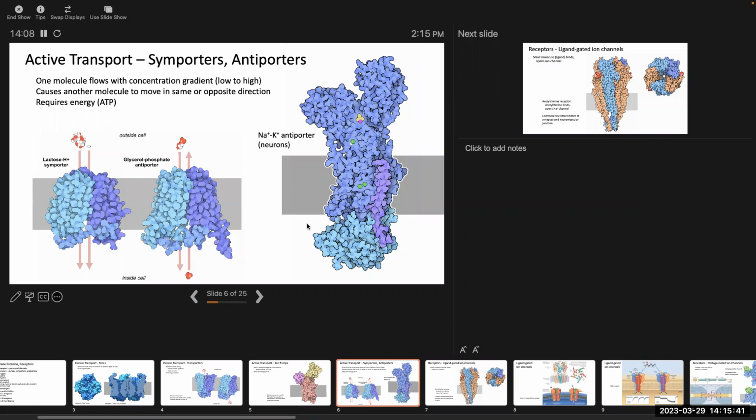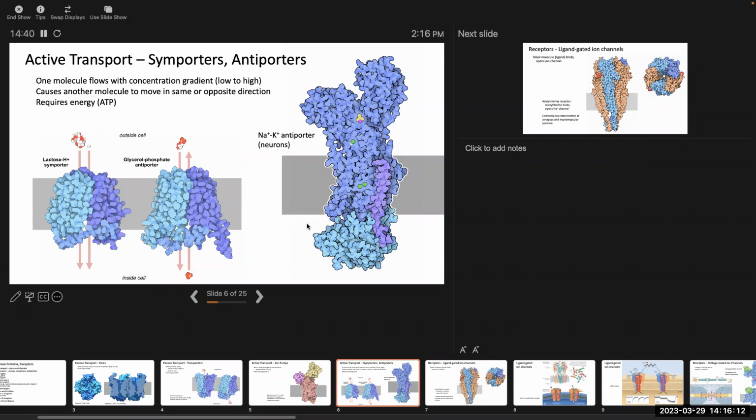But this is an important protein for maintaining the polarity of the cell membrane in a neuron, where the outside of the cell membrane of a neuron is a little more positive and the inside is a little bit more negative. So it must be moving 3 positive charges out and 2 positive charges in to end up with a net positive charge on the outside.